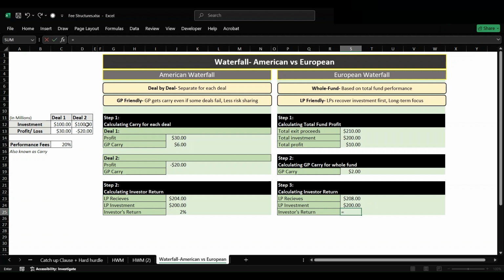Now we will calculate investors' return here, which is 208 million minus 200 million divided by 200 million, which comes out to be 4%.